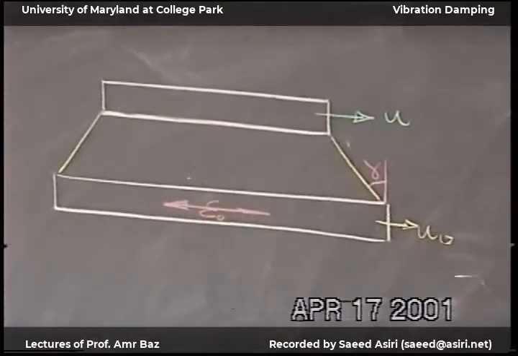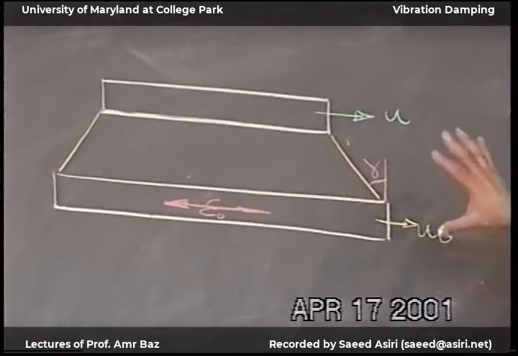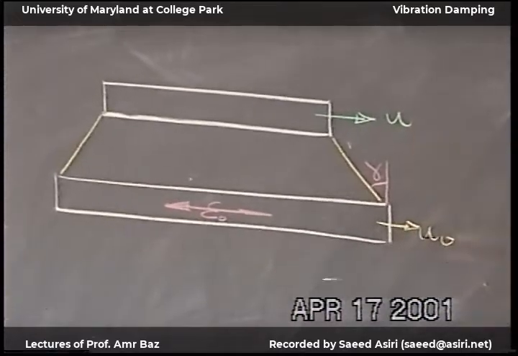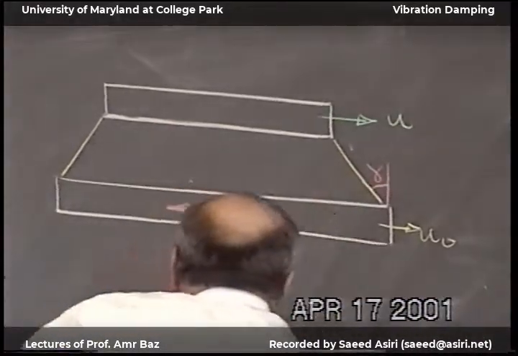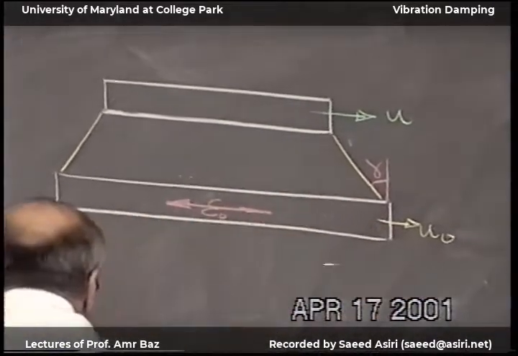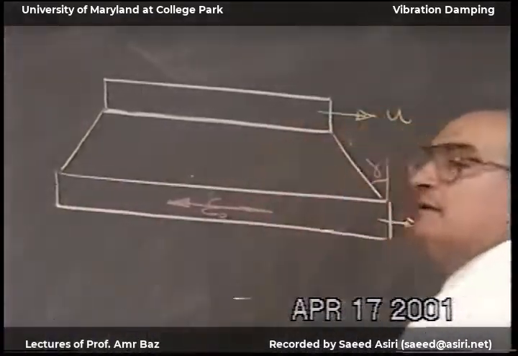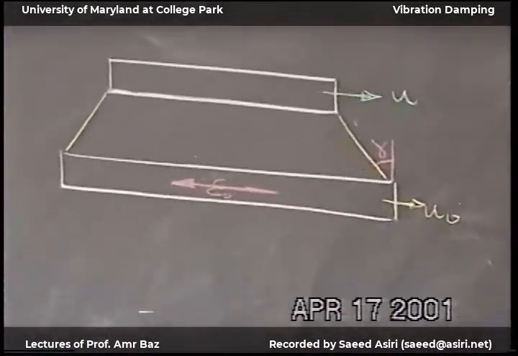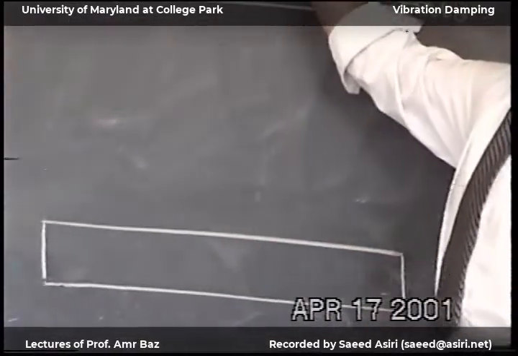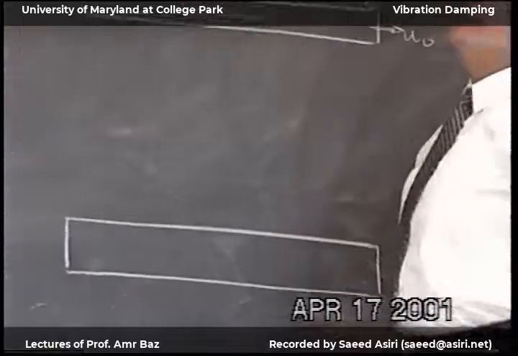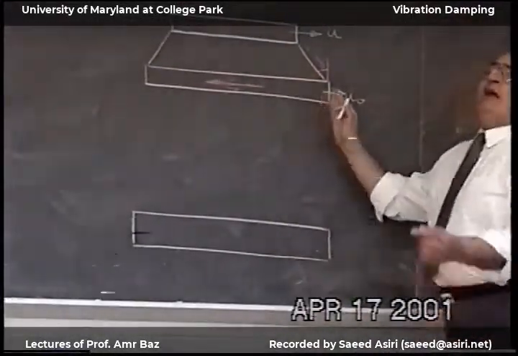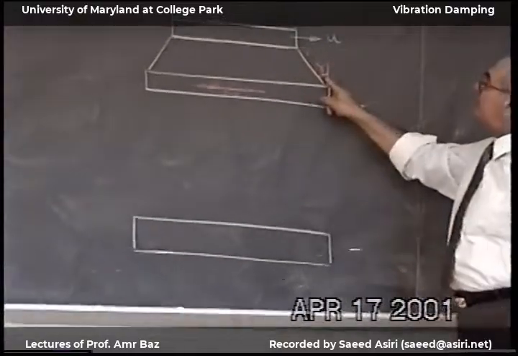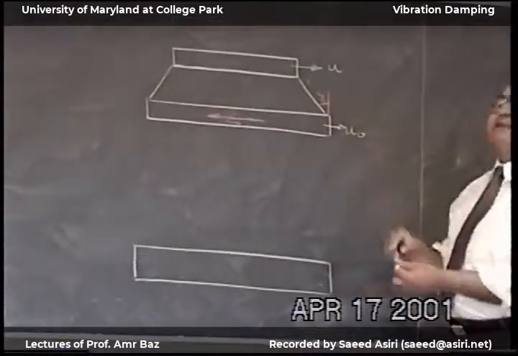Now let's repeat this again like this. This expands. I'm going to take this signal and feed it back to the top layer, if the top layer is active material. And I'm going to make the top layer shrink. So instead of having this angle, I'll have much bigger angle.